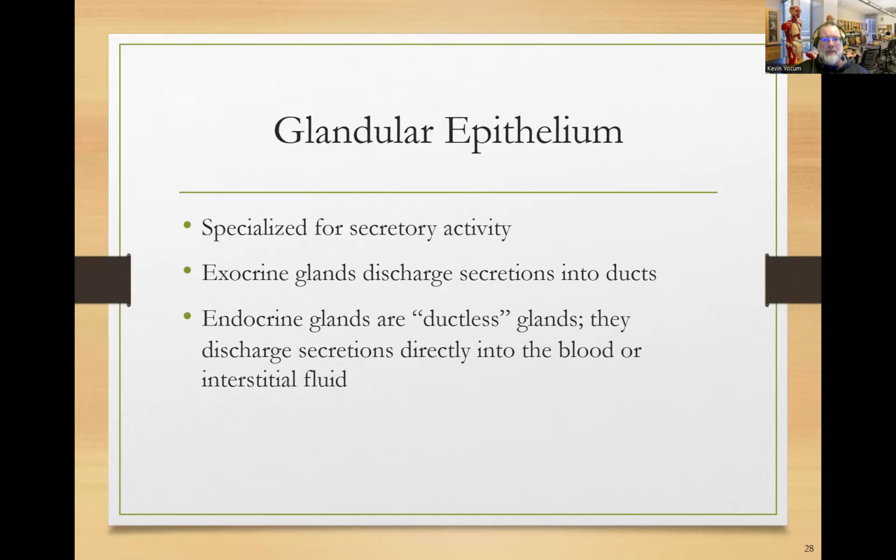Okay, glandular epithelium is specialized for secretions. And again, these glands are going to be secreting mucus. They could be secreting earwax, tears; those are exocrines. So if the gland is secreting its substance into a duct, that's called an exocrine.